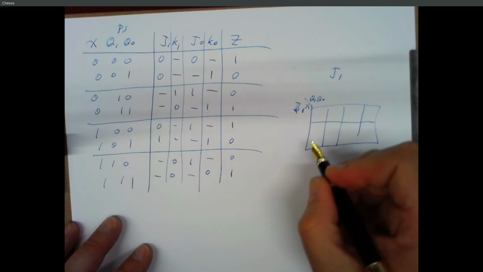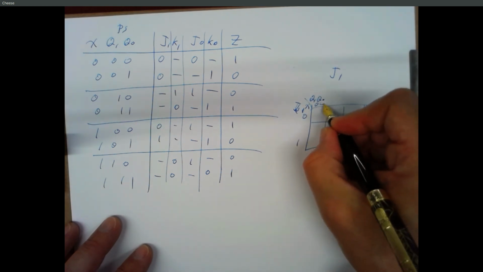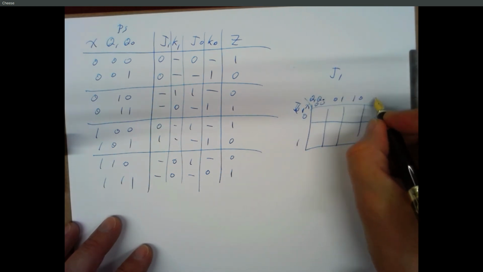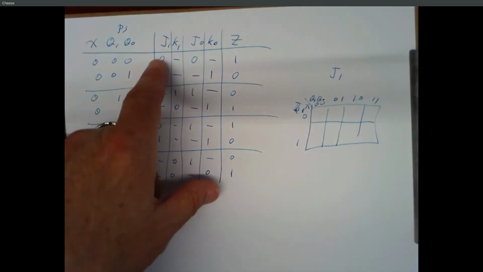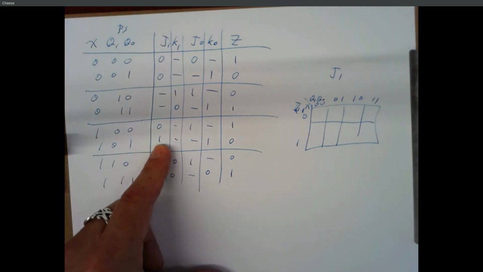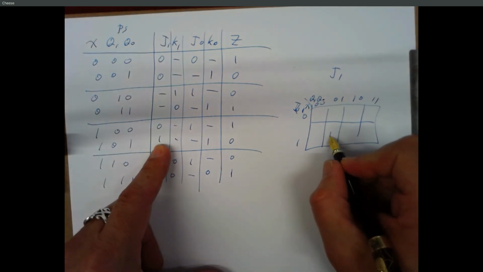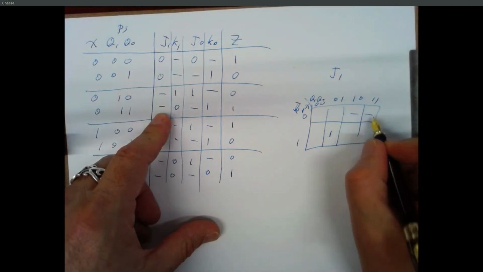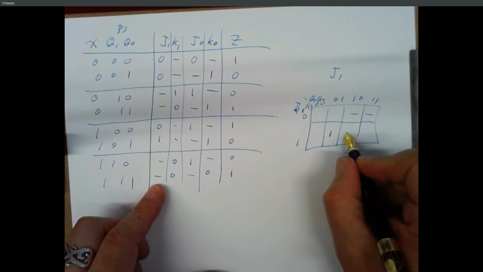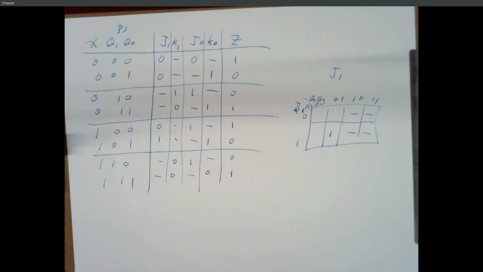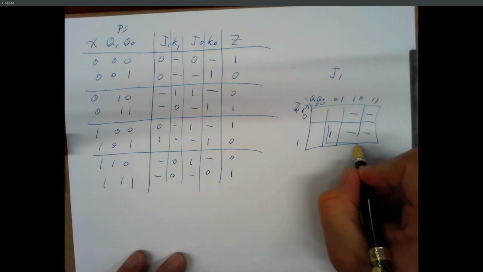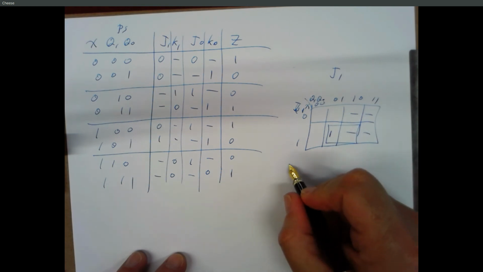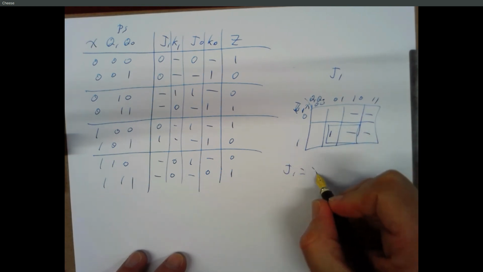This is for J1. So for J1, where are our ones? 1, 0, 1. And our don't cares are over here and over here. And so that's got a pretty easy cover. So J1 equals X.